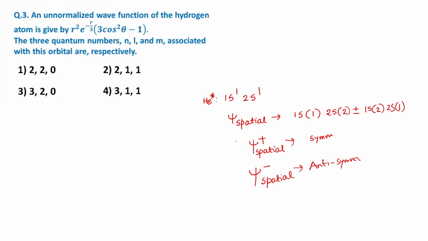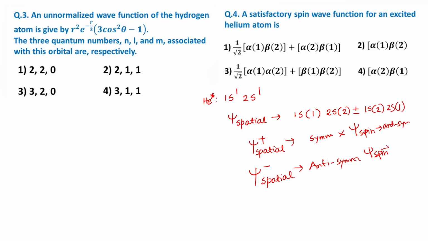Now for fermions, from postulate 6 we know that the overall wave function is going to be antisymmetric. So for this case your psi spin has to be antisymmetric, so that your overall psi total becomes antisymmetric, and for the other case your psi spin has to be symmetric so that the total remains antisymmetric.